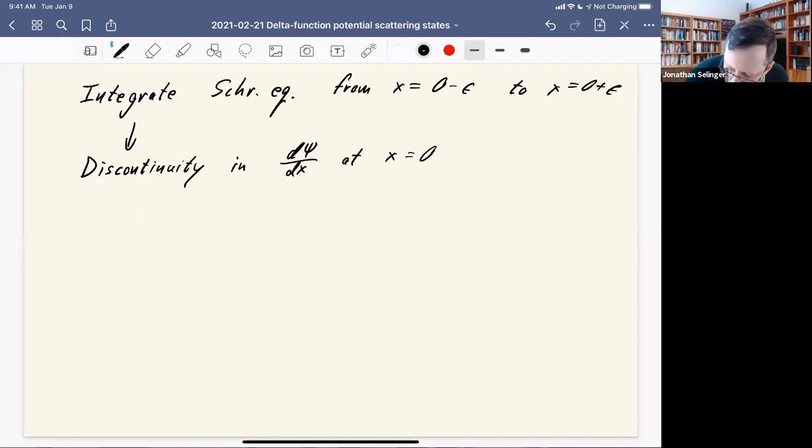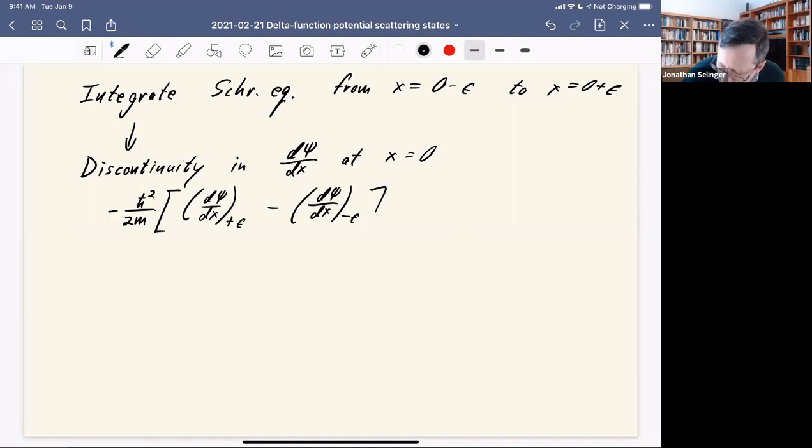What we worked out from integrating Schrodinger's equation across the delta function is that minus h bar squared over 2m times the first derivative at plus epsilon minus the first derivative at negative epsilon, which is the discontinuity in the first derivative, minus alpha times psi at 0, is equal to 0.